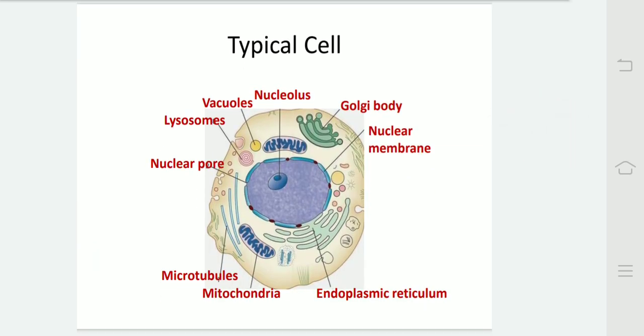Here there is a diagram of a cell showing different subcellular organelles. These are nucleolus, Golgi body, nuclear membrane, endoplasmic reticulum, mitochondria, microtubules, nuclear pore, lysosomes, and vacuole.